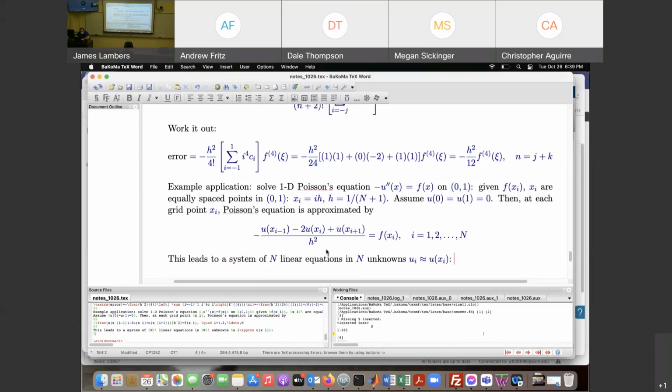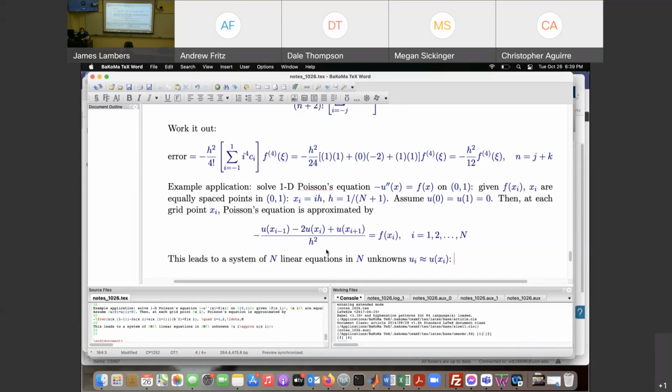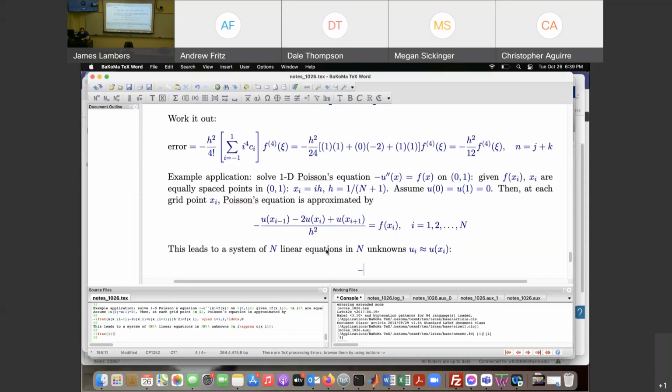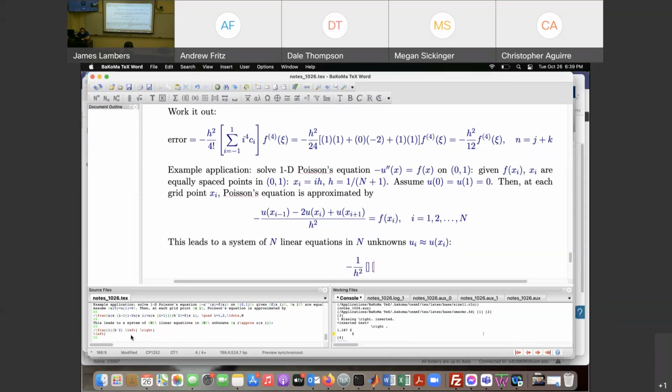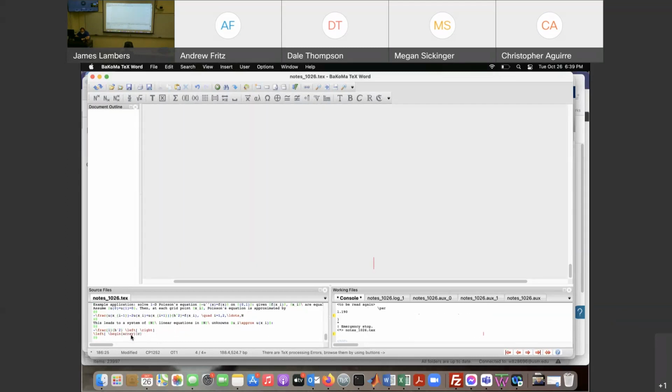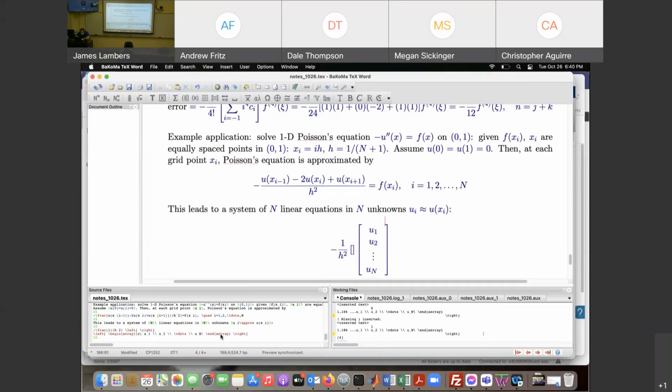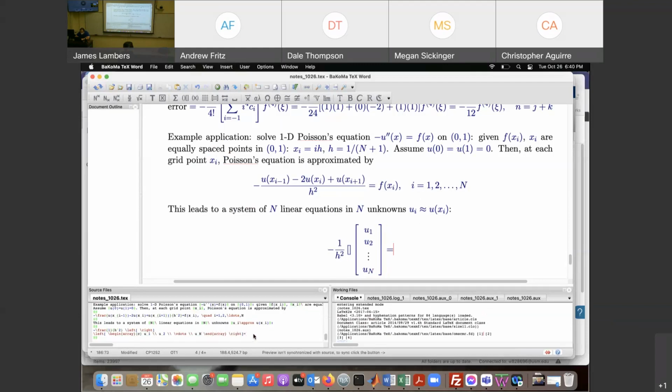So I can write out what the whole system of equations looks like: minus 1 over h squared, times a matrix, times the vector u_1 through u_N, equals f.